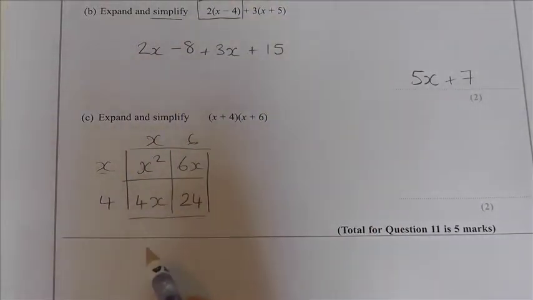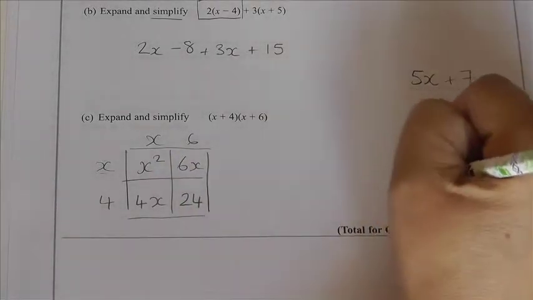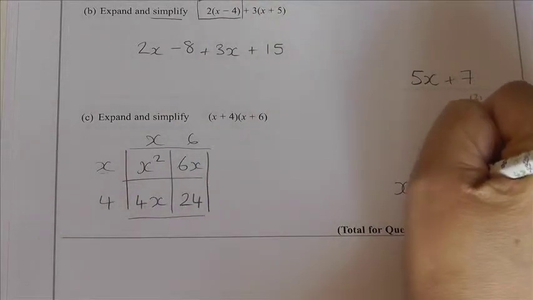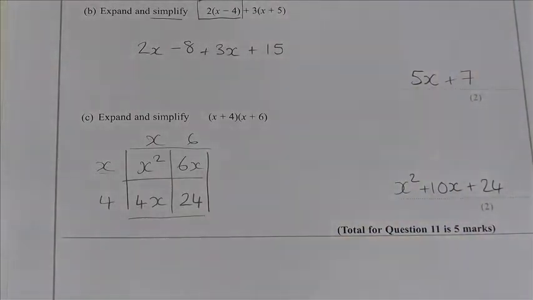If you do it like this, it ensures you always get at least one of the marks. Your other mark comes from simplifying this. So I've got nothing to go with my x squared. 4x plus 6x is 10x, and then I'm going to add the 24, giving me the answer of x squared plus 10x plus 24.